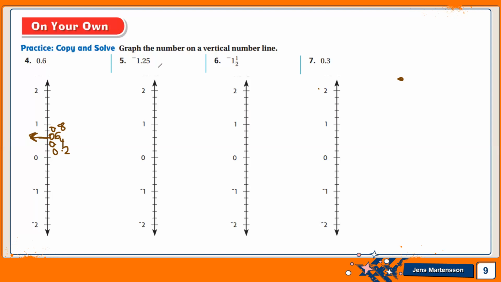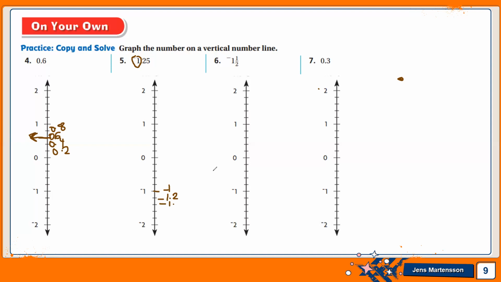Yes, Maryam. Negative 1.25. First of all, negative 1.25 is between which two numbers? Bravo, it's between -1 and -2. This is the first step. So it is here. So I will go now here. This is -1, -1.2, continue.